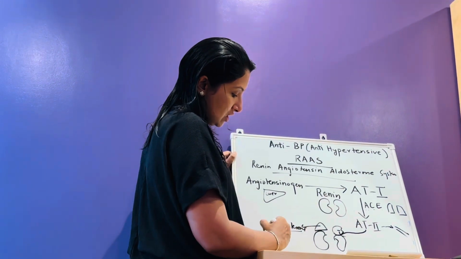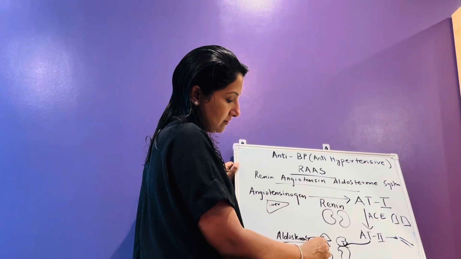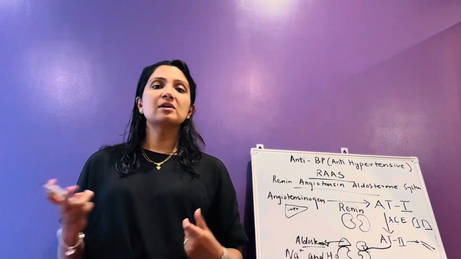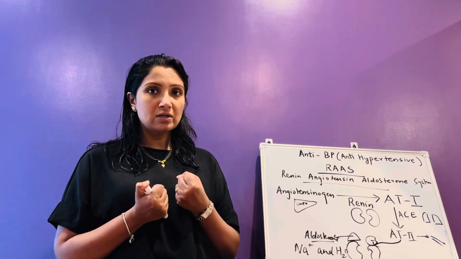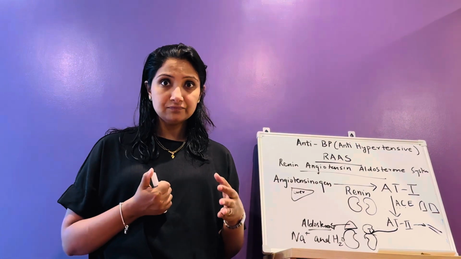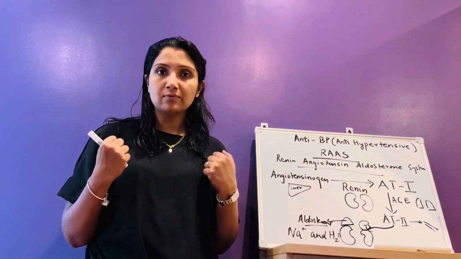It causes sodium and water retention, meaning it will prevent the excretion of sodium and water through urine. And by retaining sodium and water and excreting potassium, it is helping in maintaining the blood pressure.